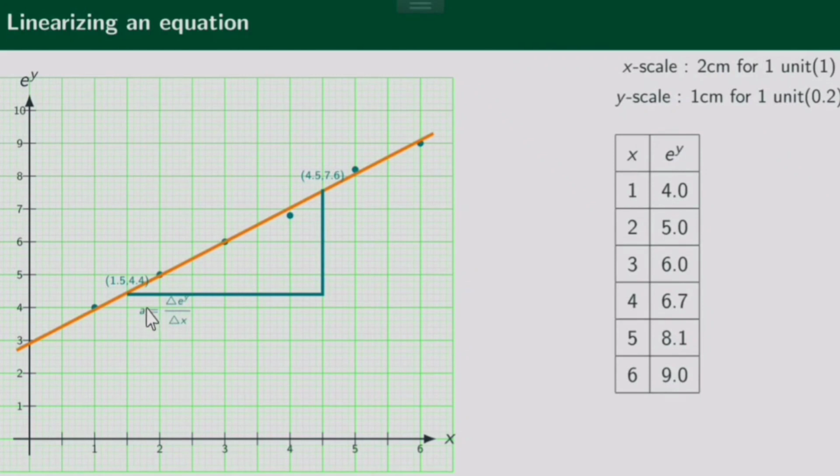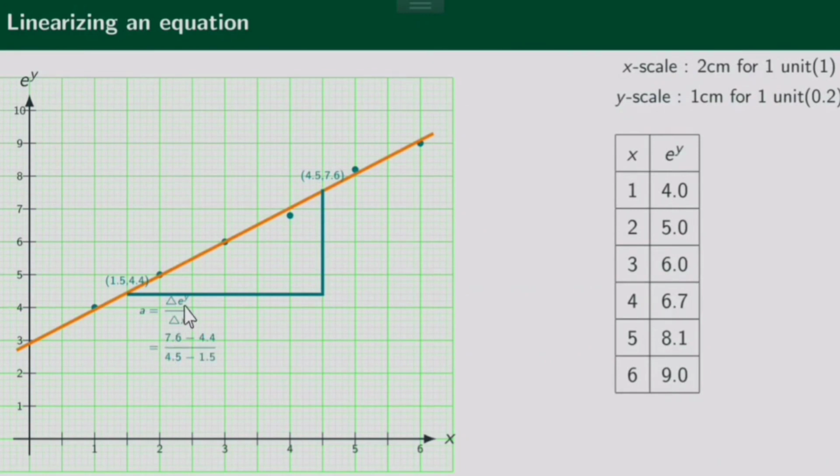Now what is a? A was the gradient of that graph. So how do we find the gradient? Gradient is the change in the quantity on the y-axis, which in this case is e to the y, divided by the change in the quantity on the x-axis. So I substitute.